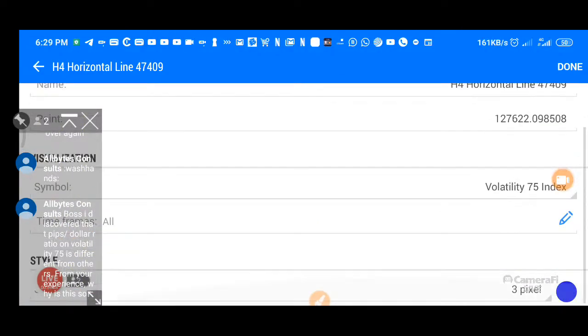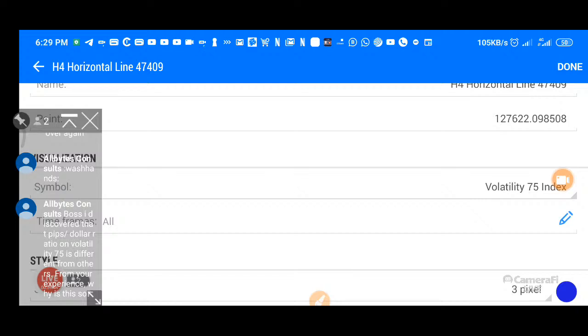You can see the price of V75 is 6 digits. So you can't compare it to other pairs that are 3 digits, 4 digits, 5 digits.